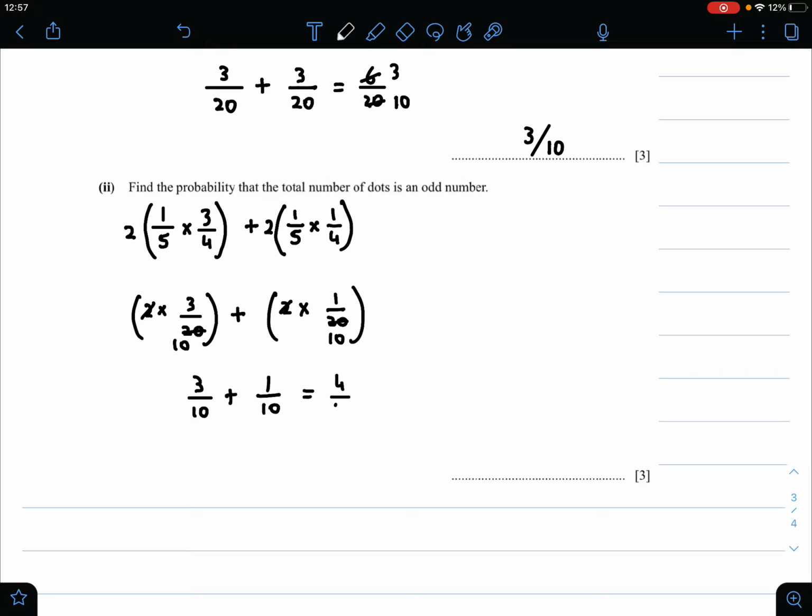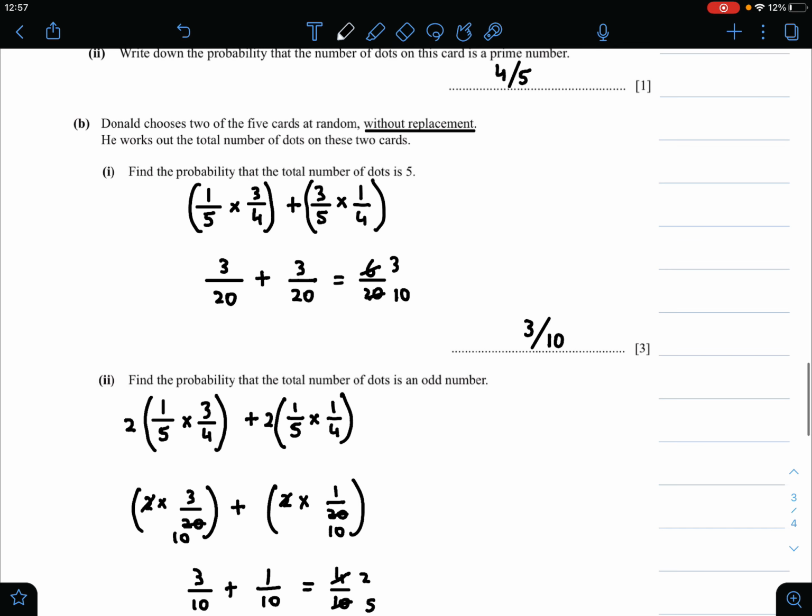You should always simplify your answer. That's what we did in the previous question as well. So if you divide both the numerator and denominator by 2, you will be left with 2 by 5. Therefore, 2 by 5 will be our final answer for part B2 of this question.